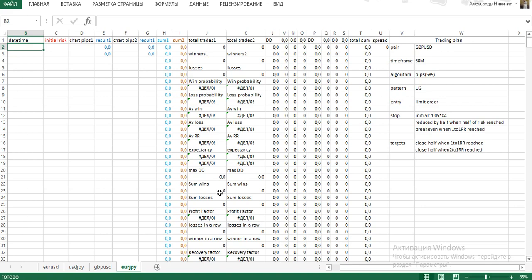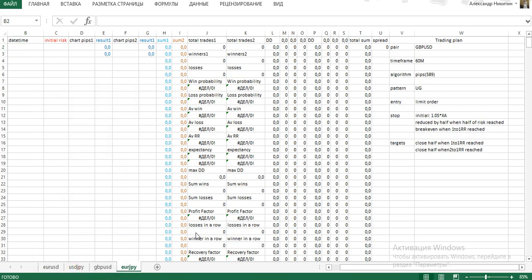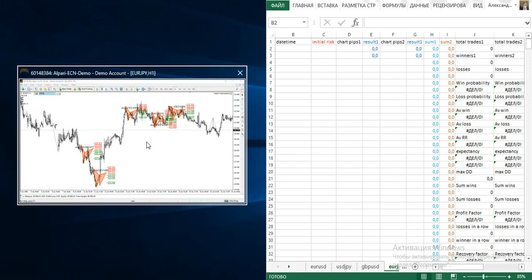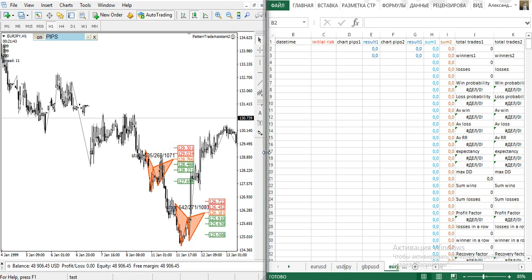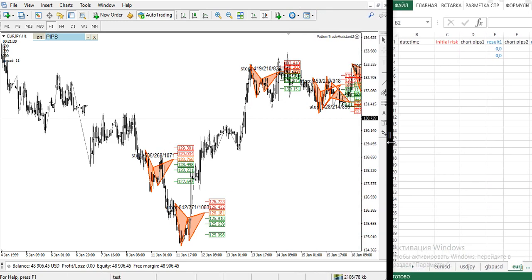Okay, let us start. Let me first arrange the two windows side by side. Close this. So I'll go here. Okay, and I choose my MetaTrader, and then I will stretch it this way.